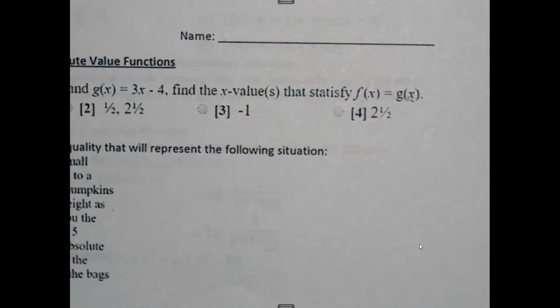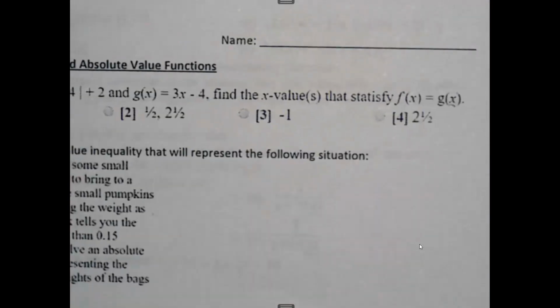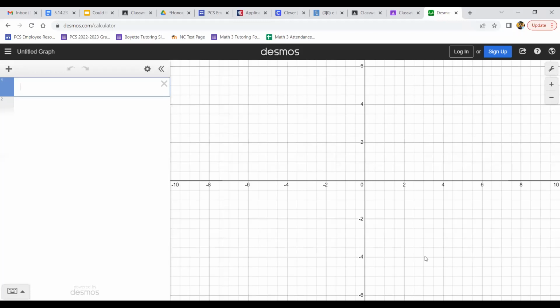So we're going to graph f of x equals the absolute value of x minus 4, plus 2. On Desmos, the absolute value, that straight vertical line, is right above your enter key. You're going to hit shift and then the line above the enter key. You can put the f of x in there, but you don't have to. So I'm going to put x minus 4 in the absolute value with a plus 2 on the outside.